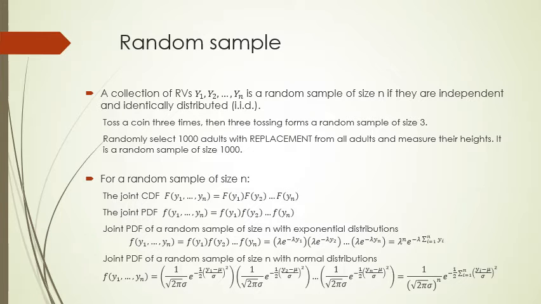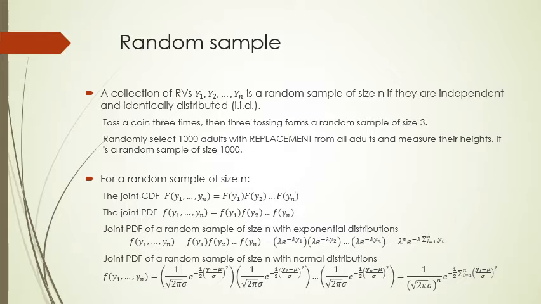Now, let's look at the joint cumulative distribution function and the joint probability density function of a random sample of size n. Since n random variables are mutually independent, the joint distributions are the product of their marginal probabilities.